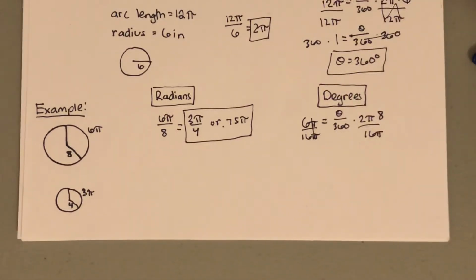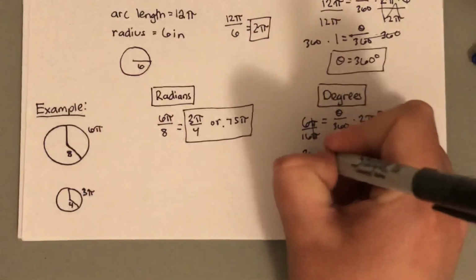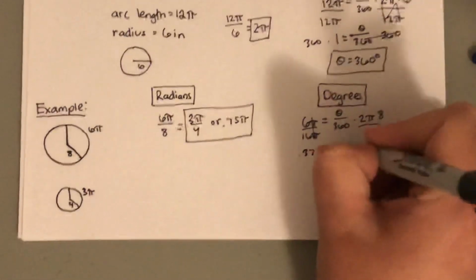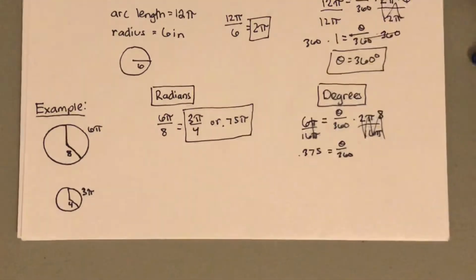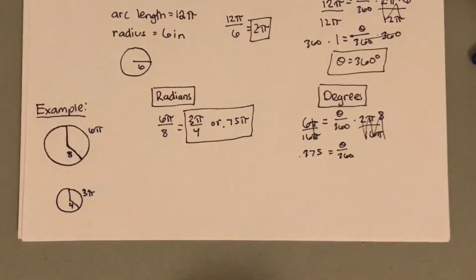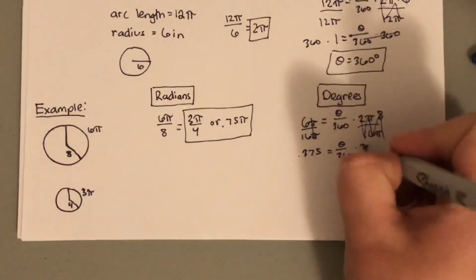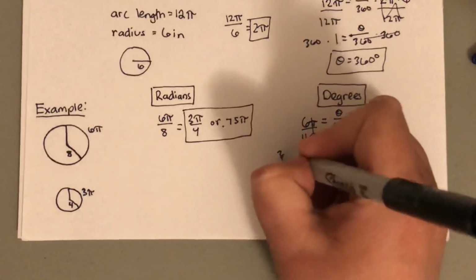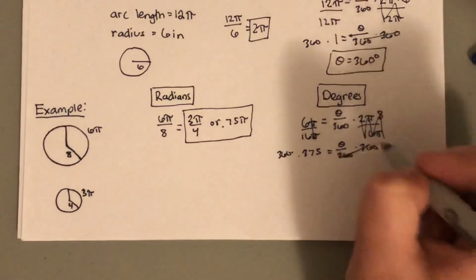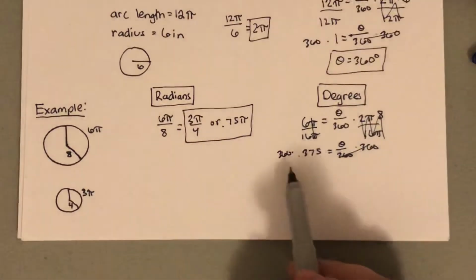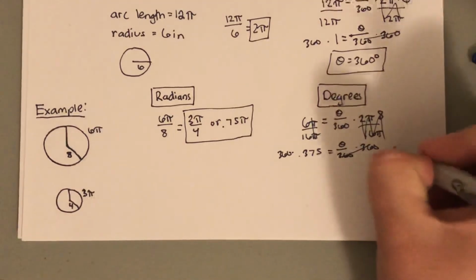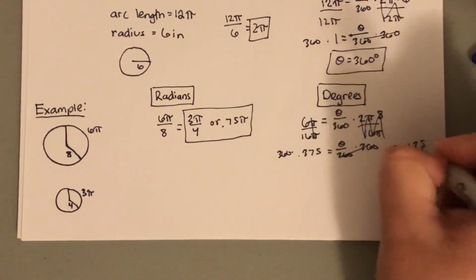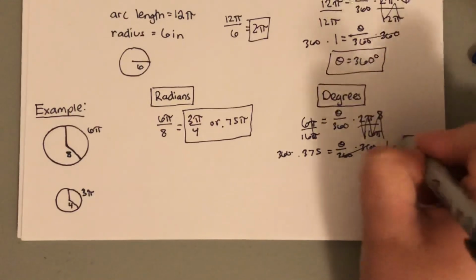We end up with 6 divided by 16 is 0.375 equals theta over 360, because that all cancels out also. So I'm going to multiply both sides by 360. And I get 360 times 0.375 is 135 degrees.